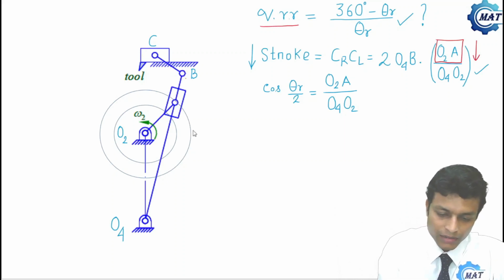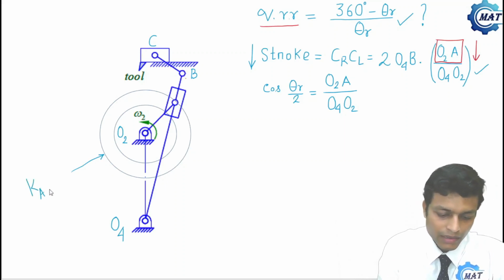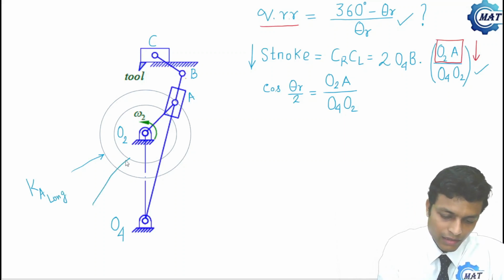So in this figure, this is the long circle or big circle, that is the circle generated by point A. This is point A, which is a long crank. So this is for long crank. And this is the inner circle, that is KA short.